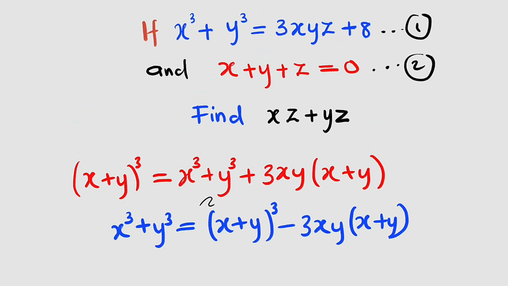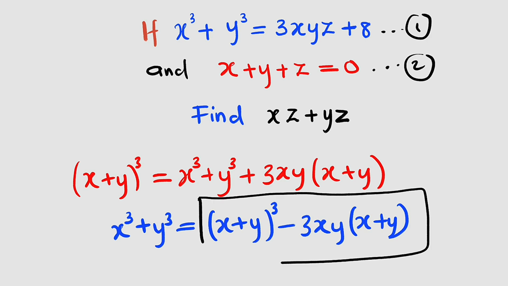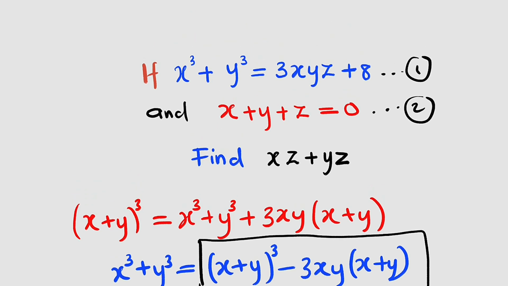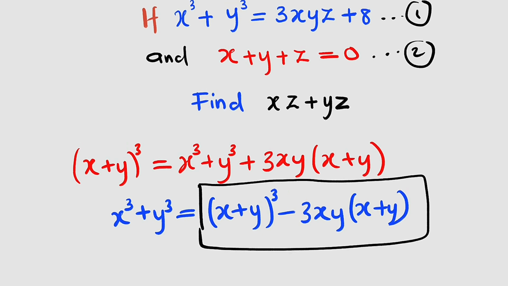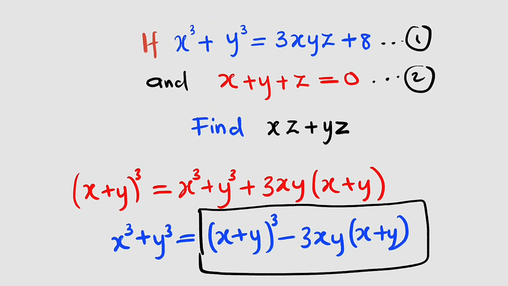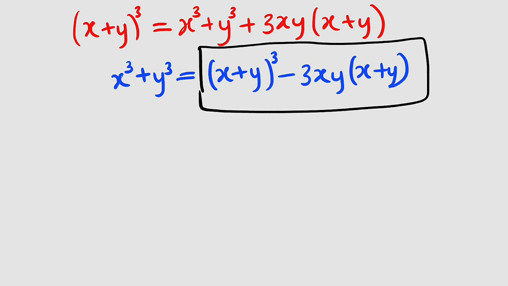So instead, we can substitute the whole of this in equation 1. Instead of the first term, x to the power of 3 plus y to the power of 3, we replace it with x plus y to the power of 3 minus 3xy multiplied by x plus y.